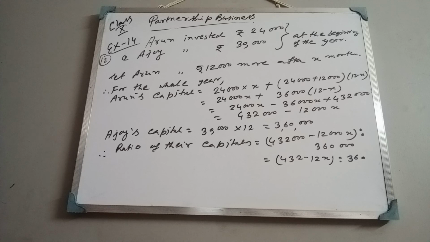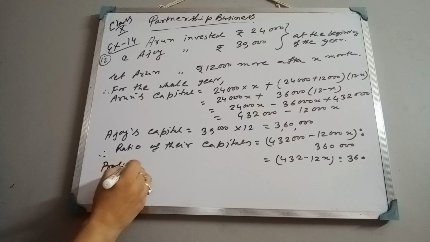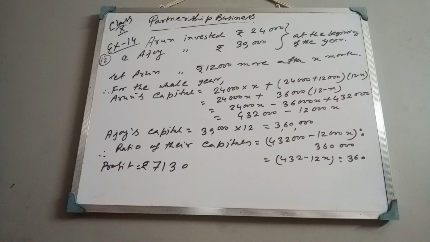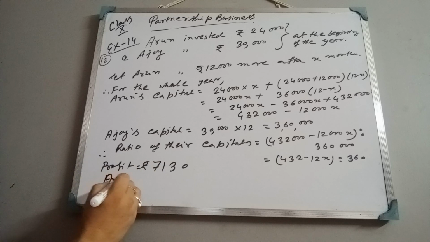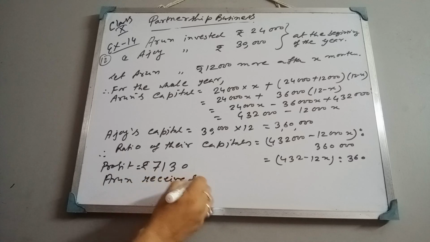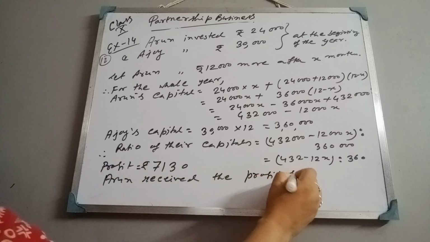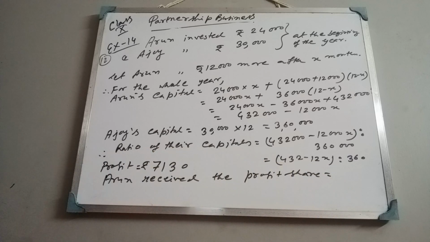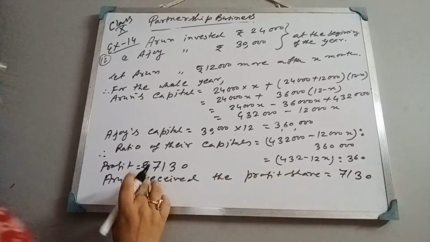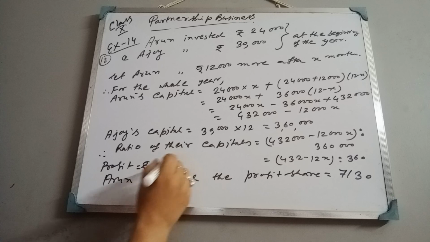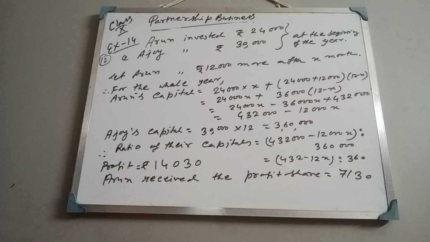Now, what is the total profit? Total profit at the end of the year is rupees 14030, and Arun received the profit share of rupees 7130.